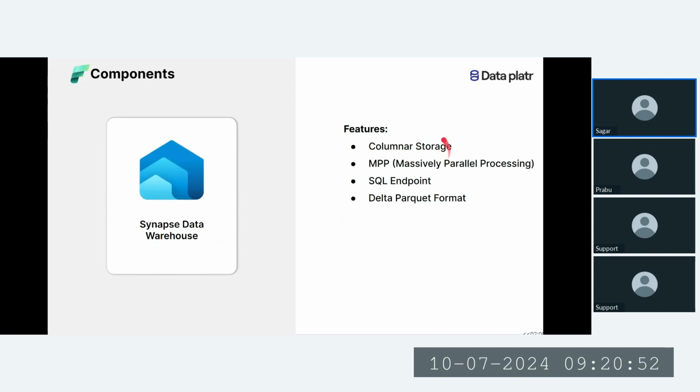By default, when you create a warehouse, a SQL endpoint gets created automatically. Behind every warehouse there is a T-SQL engine. The underlying data is stored in the Delta Parquet format, of course. When you query this warehouse using the SQL endpoint, the request gets converted to SQL, and then the SQL is fired on top of the warehouse.